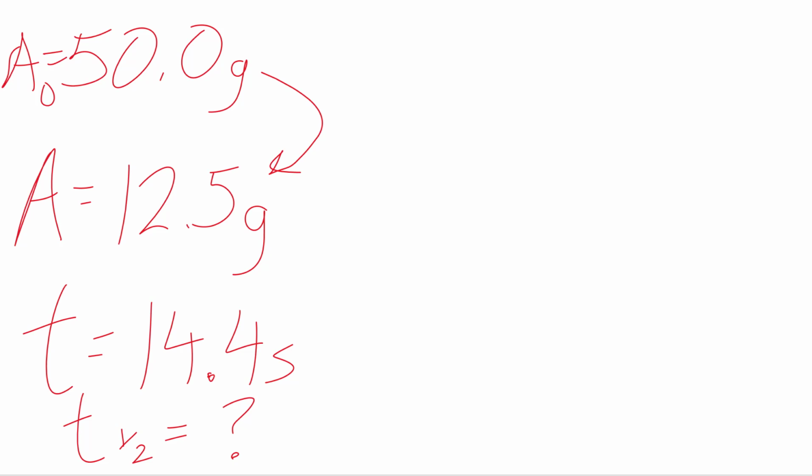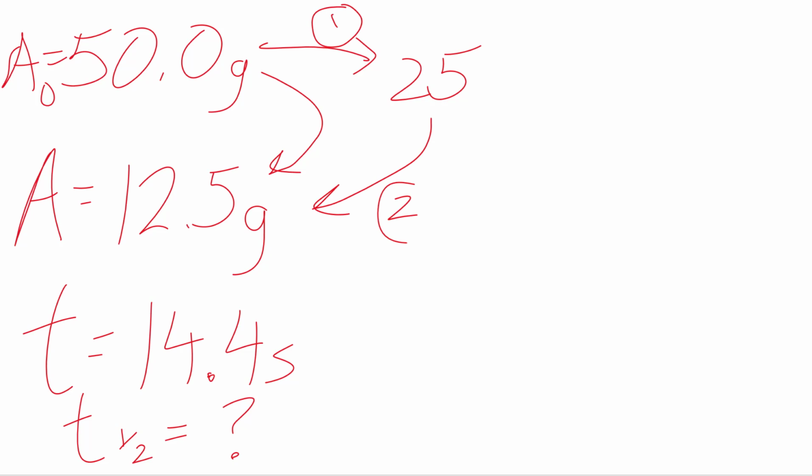You notice that 50 to 25 is the first half-life, and the second one is 25 to 12.5. So we know it takes 2 half-lives to get to 12.5 grams.